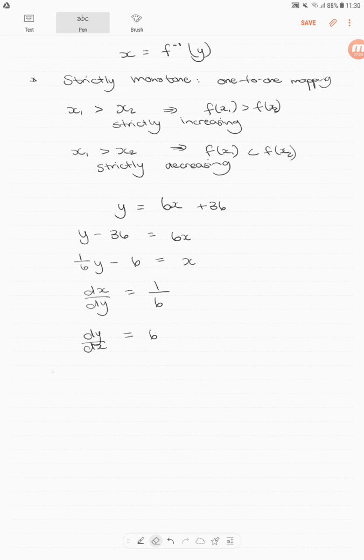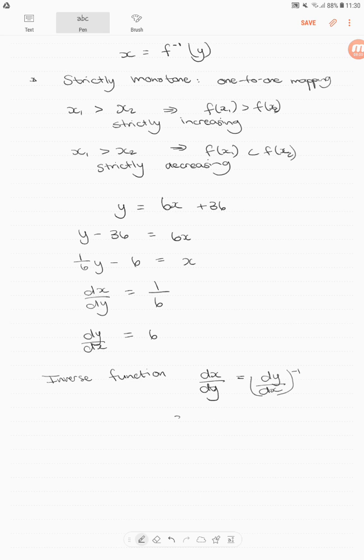That means the derivative of the inverse function, dx dy, is equal to dy dx to the power of minus 1.